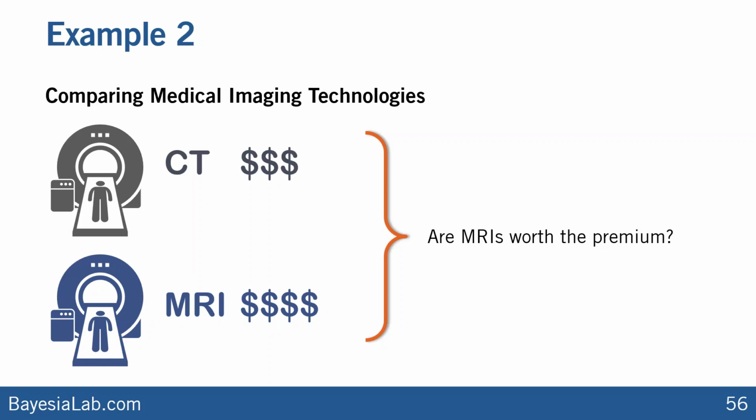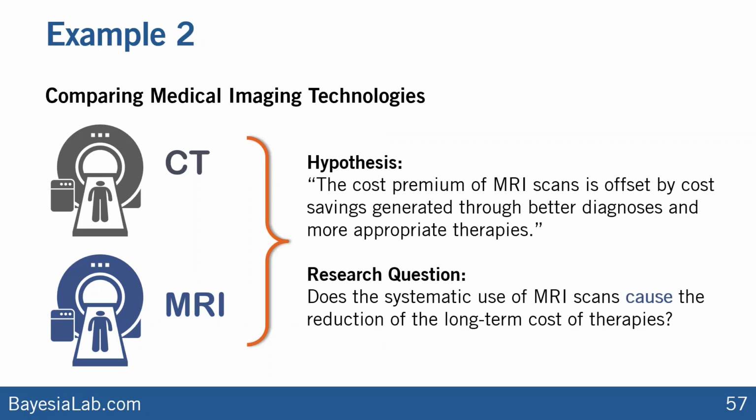I mean, the more complex technology may have some advantages for certain types of diagnosis. Are they worth the premium in general? And so somebody may pose the hypothesis that the cost premium of MRI scans is offset by cost savings generated through better diagnosis and more appropriate therapies.